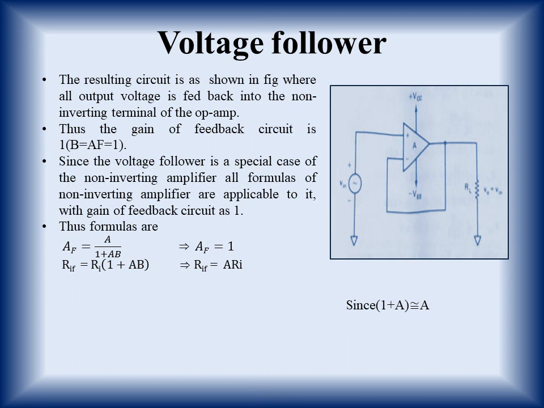B is 1, and 1 plus A can be written as A. So RIF in case of voltage follower is A times RI.